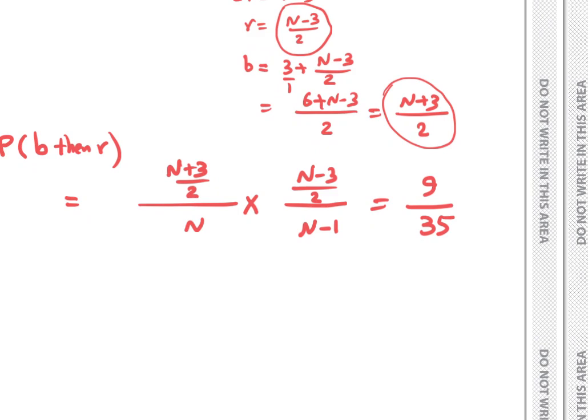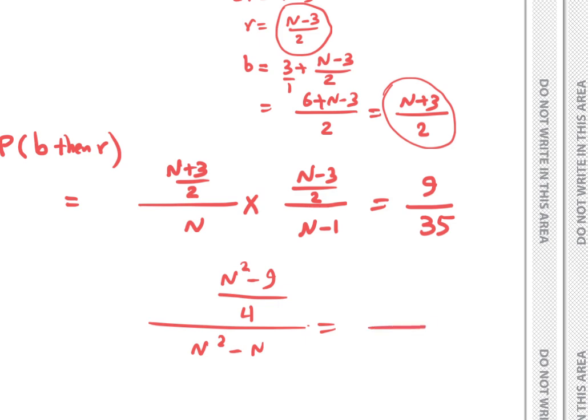Multiply the numerators together and the denominators together. (n plus 3) over 2 times (n minus 3) over 2 equals (n squared minus 9) over 4. And n times (n minus 1) equals n squared minus n.